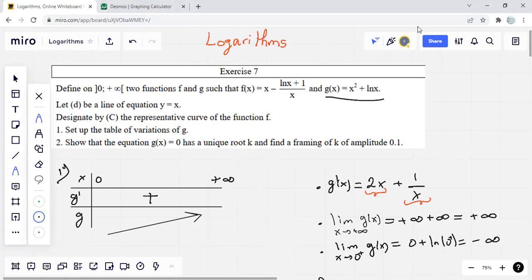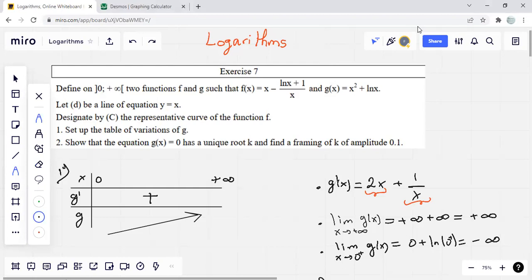Okay, I have to find the table of variation of g. First, the domain of definition is 0 plus infinity, so I put 0 here and plus infinity here. Let's find the derivative. g prime: the derivative of x squared is 2x. The derivative of ln x is 1 over x.